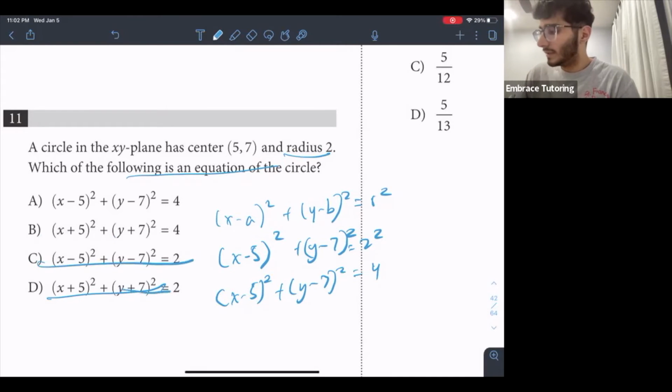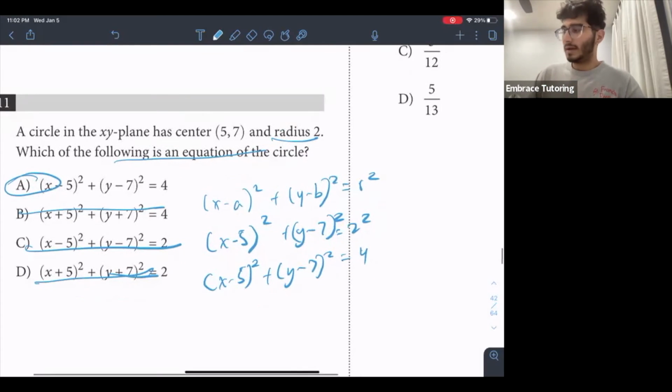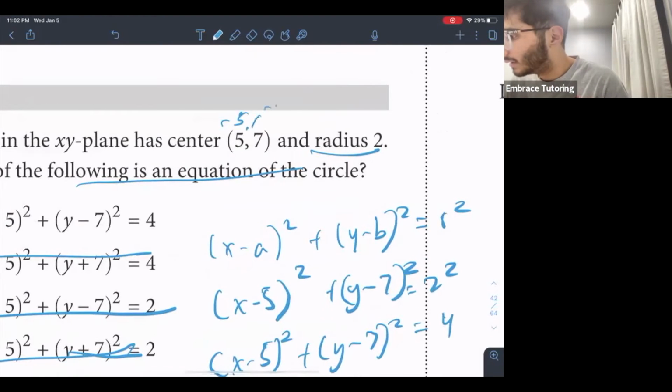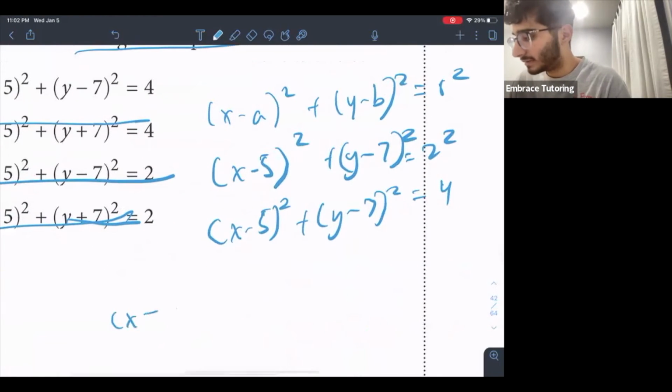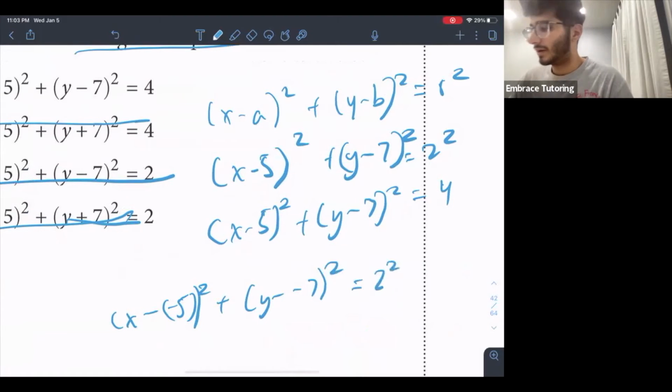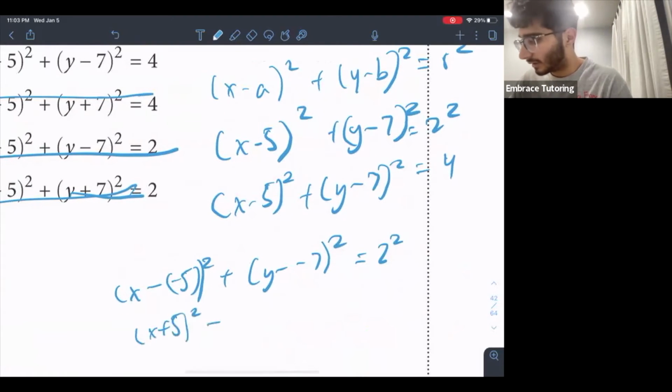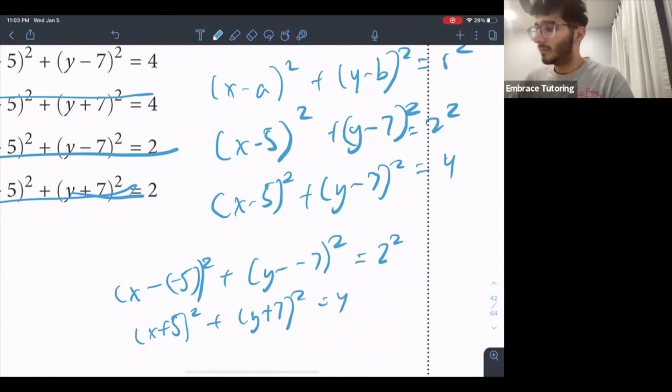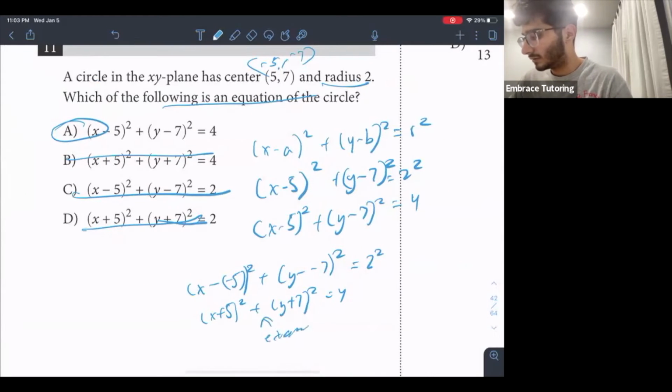Get rid of the 2's, and this one's out, and our answer is choice A. If you have to match with the equation, and it was negative 5 and negative 7, then we would plug in the negative 5, so it would be x plus 5 squared plus y plus 7 squared is equal to 4. That's not the case. So this would be the example for (-5, -7) and r of 2.